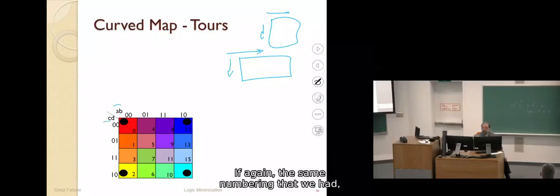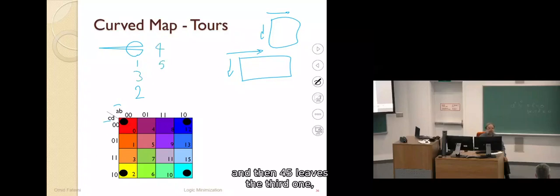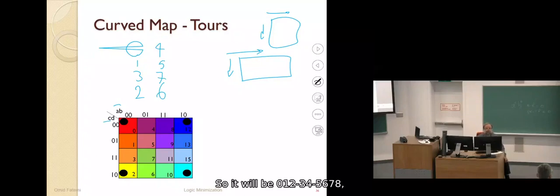Again, with the same numbering that we had, we start from 0. 0, 1, 2, leave the third one, and then come back. Then 4, 5, leave the third one, then come back. 6, 7, now it is the third column, so we leave it. So it would be 0, 1, 2, 3, 4, 5, 6, 7, 8, 9, 10, 11, and then 12, 13, 14, 15.